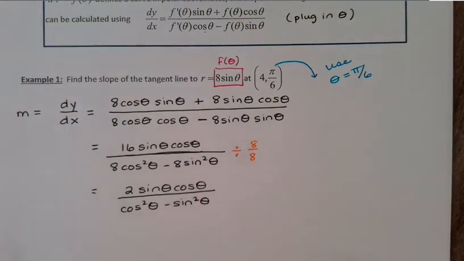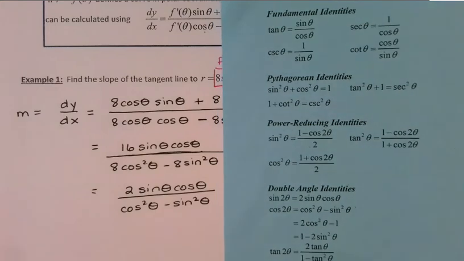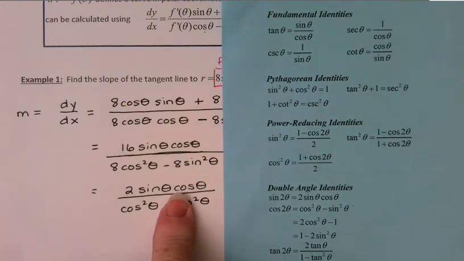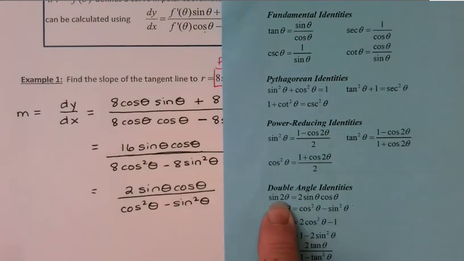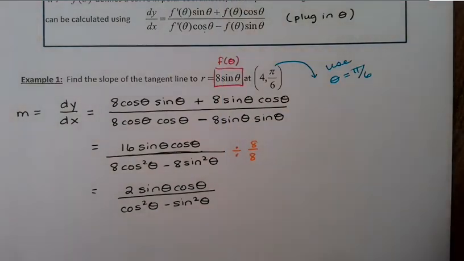And I really like that because those are 2 trig identities that I recognize. They're both double angle identities. The numerator is just sine 2 theta, and the denominator is just cos 2 theta. So I've got sine 2 theta over cos 2 theta.